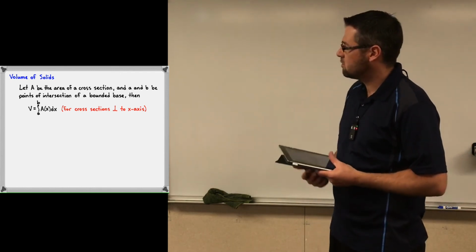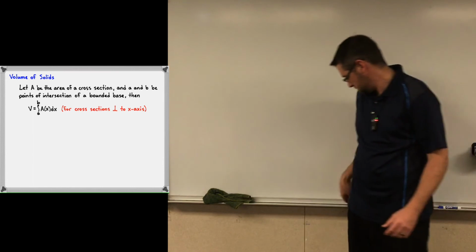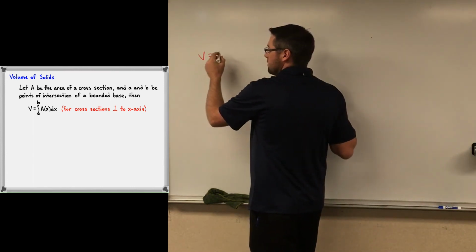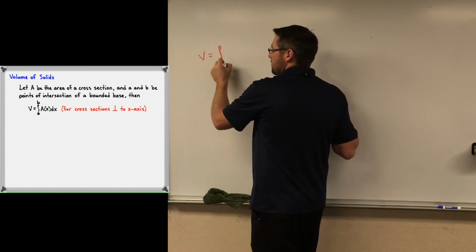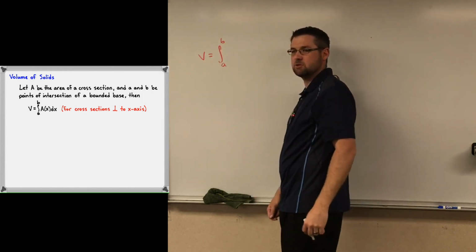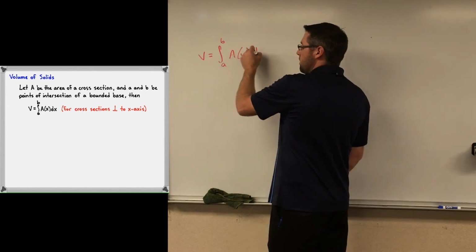That would be perpendicular to the x-axis. What would it look like for perpendicular to the y-axis? For the y-axis, what would it say? Integral from A to B, where A and B are what kind of numbers? Y values of area in respect to y dy. That's all.